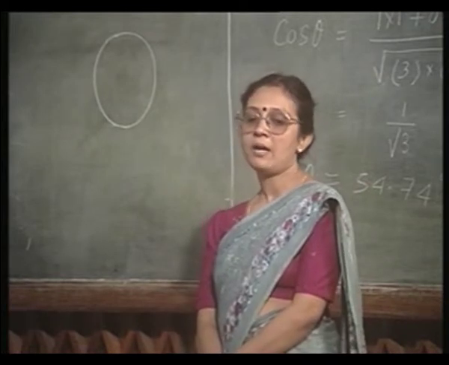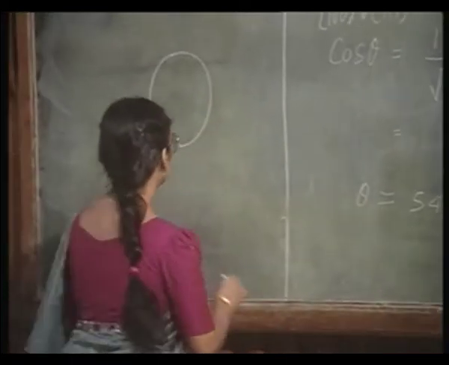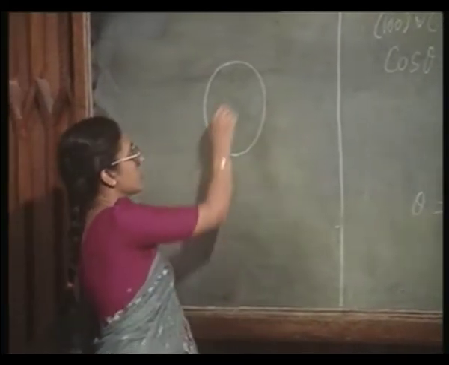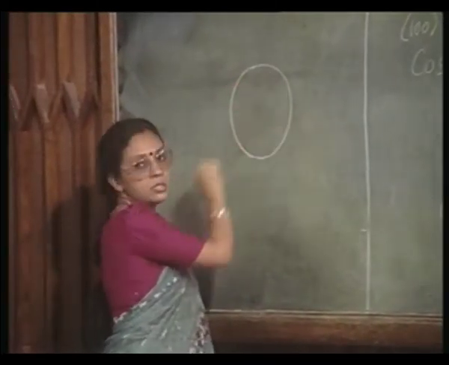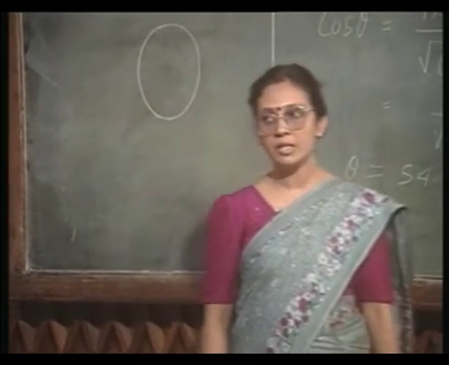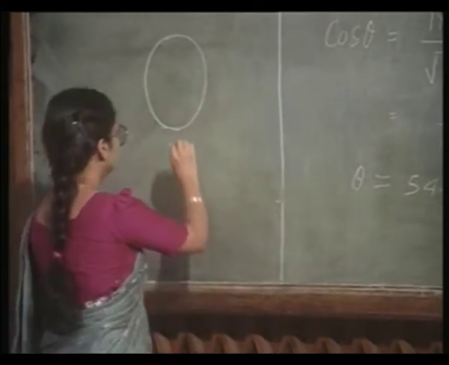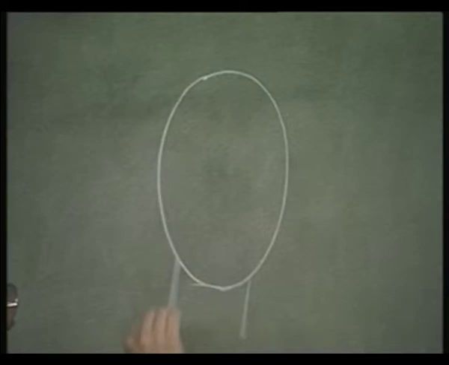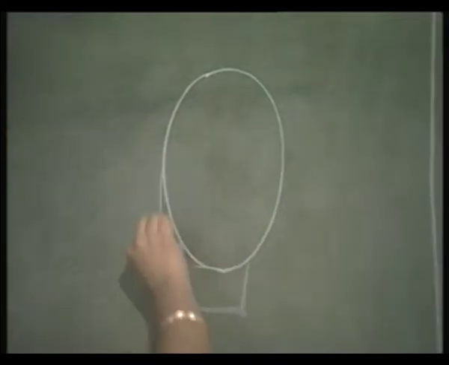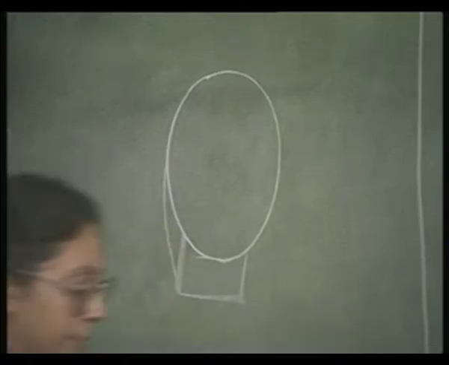If I have a 1 0 0 wafer, let us say that this surface is actually 1 0 0, and when I am cleaving, I am going to expose 1 1 1 planes here. The plane that I am going to expose here is actually going to be 1 1 1.